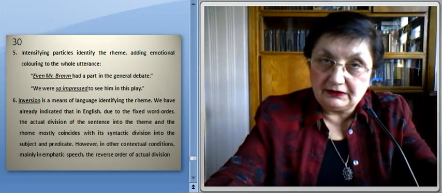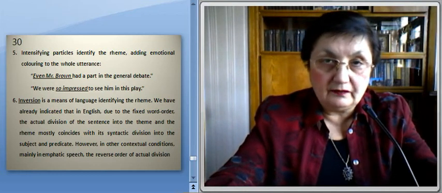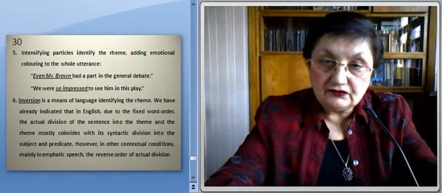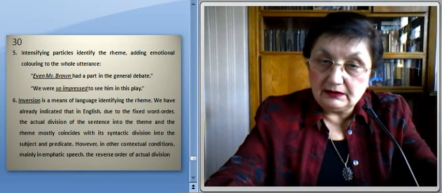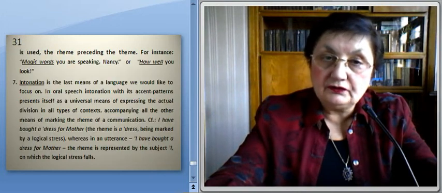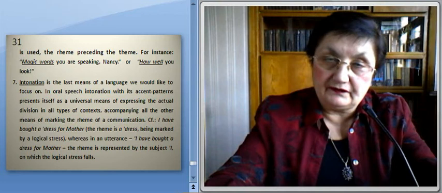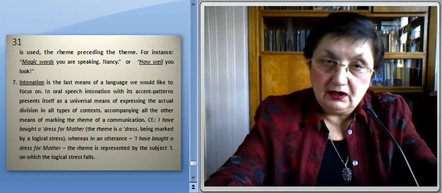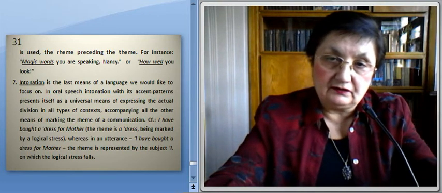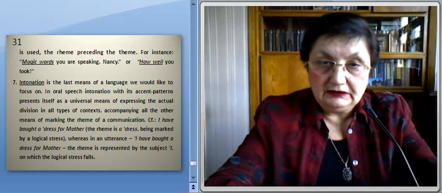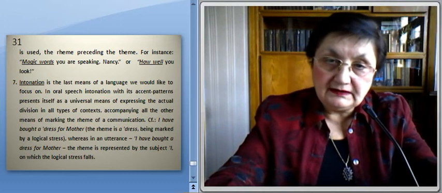Intonation is the last means of a language we would like to focus on. In oral speech, intonation with its accent patterns presents itself as a universal means of expressing the actual division in all types of contexts, accompanying all other means of marking the rhyme of a communication.